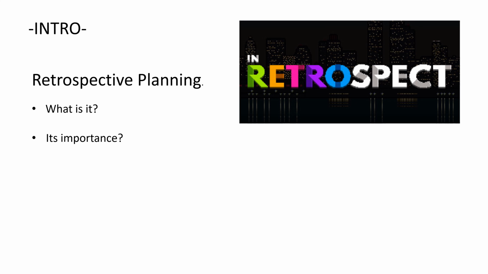Whereas in retrospective planning, that is not the case. It defines each day appropriately in reverse order, and it defines what is mandatory to be done on a particular day.